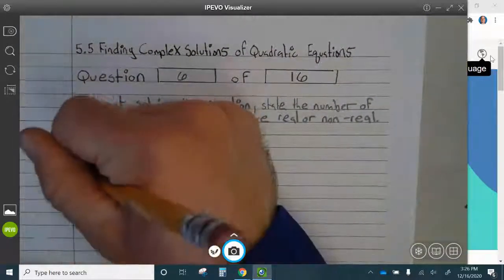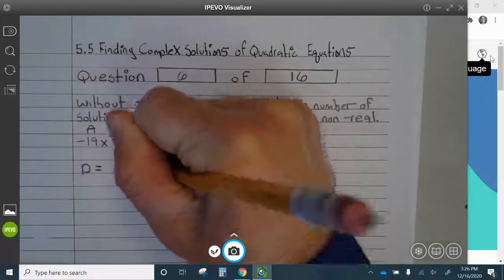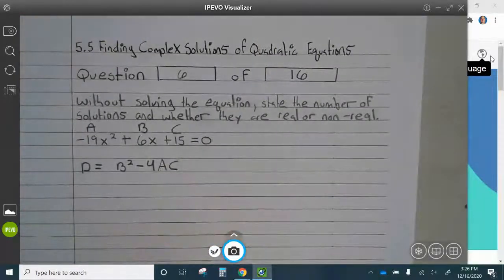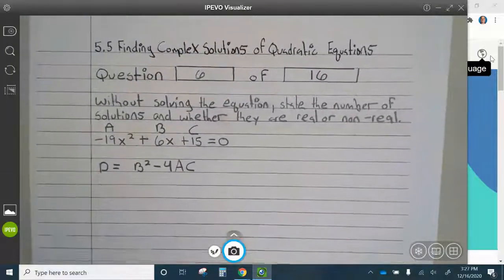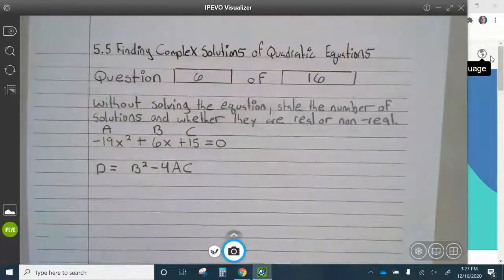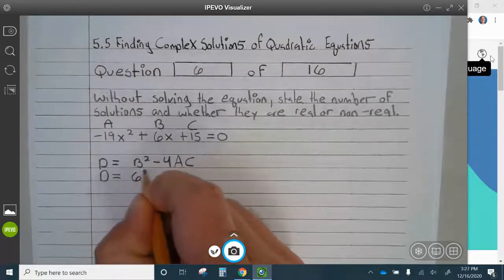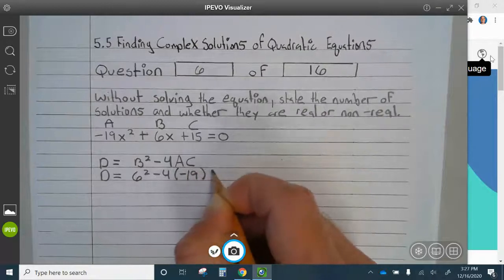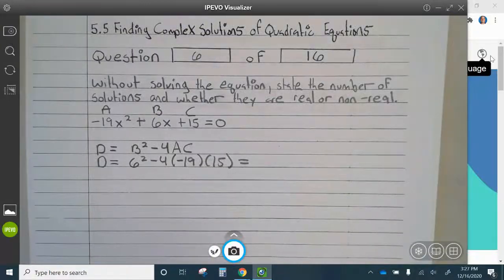The discriminant is b squared minus 4ac. So the discriminant equals b squared, which is 6 squared, minus 4 times a, which is negative 19, and c is 15. And let's go ahead and use Desmos to get that, okay?